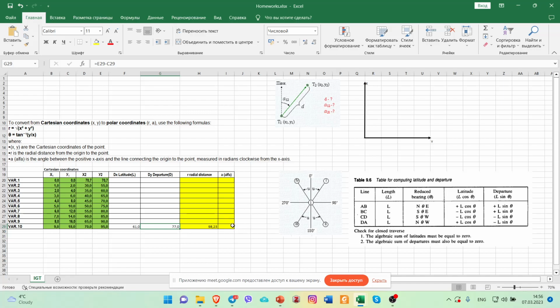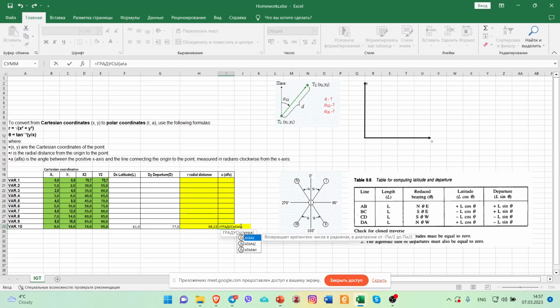Then we can use degrees of arctangent of departure divided by latitude.